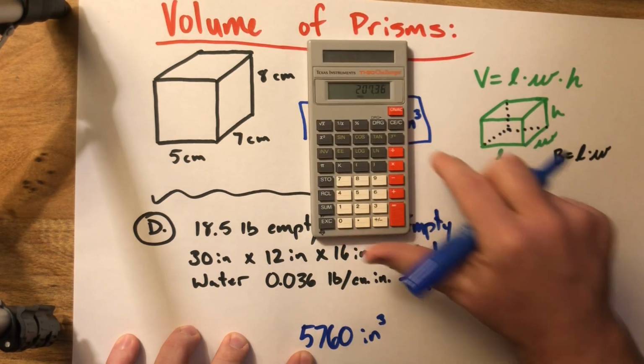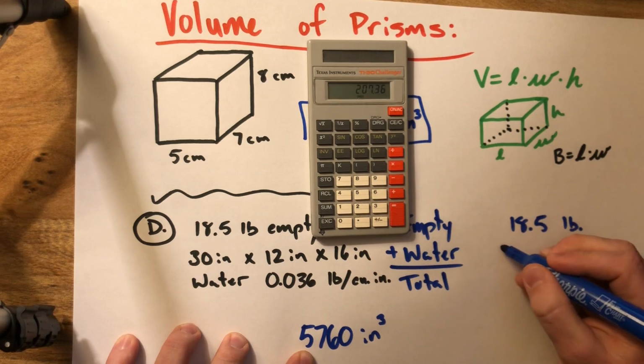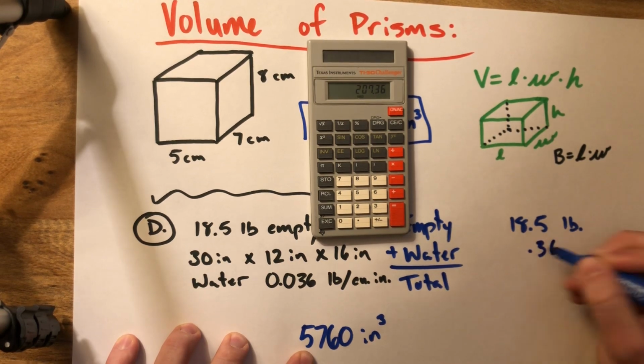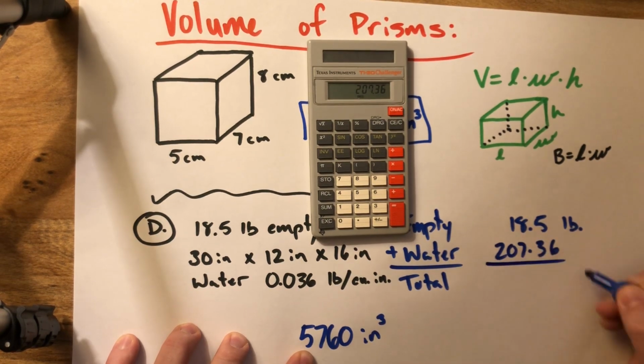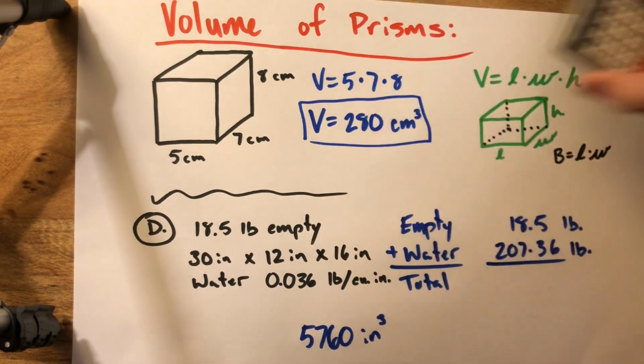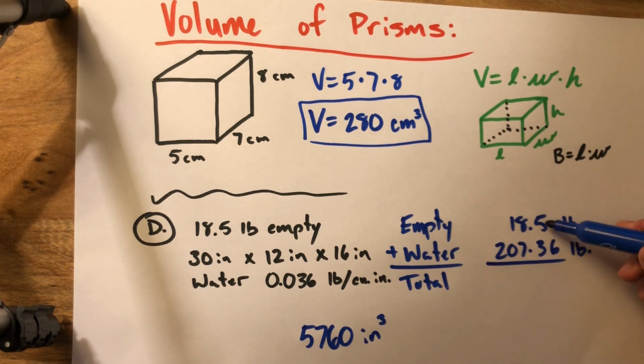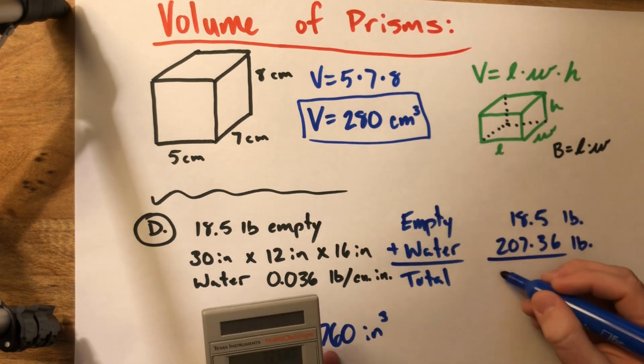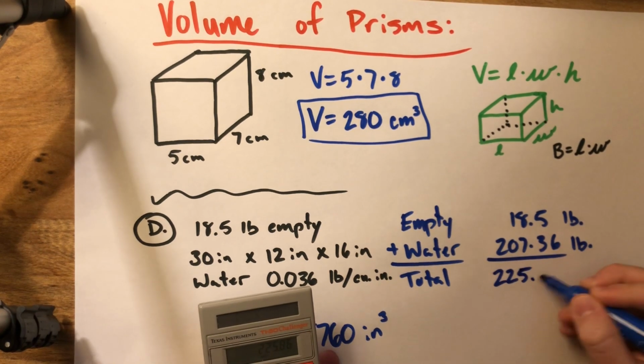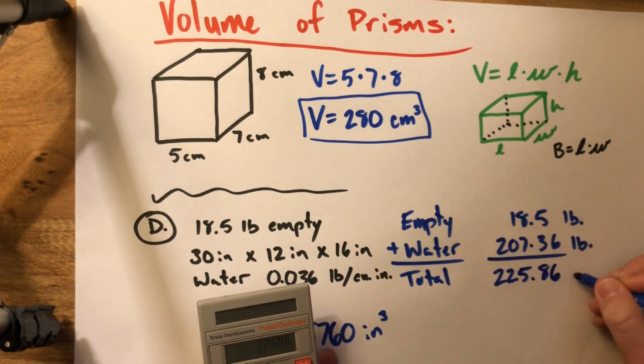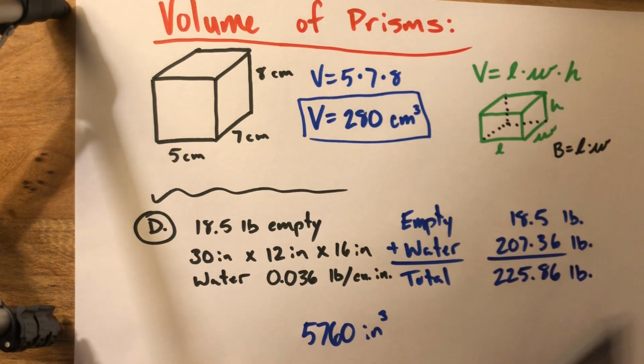So we have 207.36 in water. So the empty tank, again, the empty tank weighed 18.5 pounds. The water weight was 207.36. If I add these two weights up, I get 225.86 pounds total. I'm going to go with that as an answer.